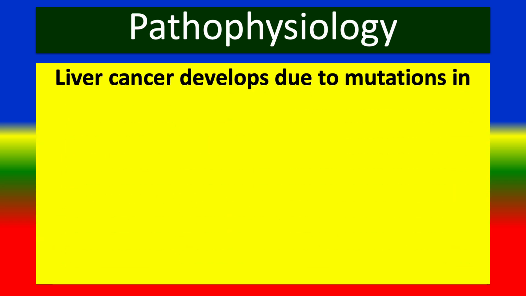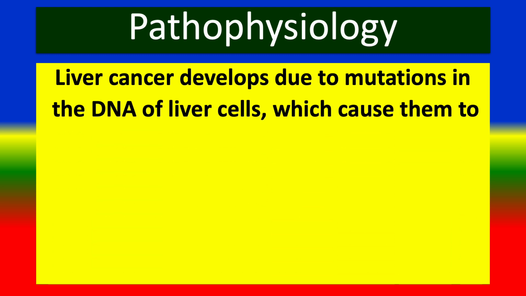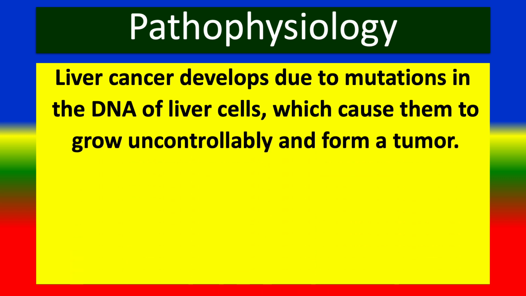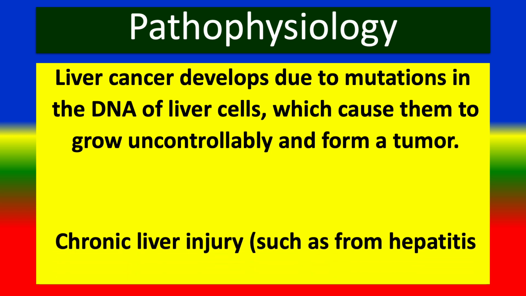Liver cancer develops due to mutations in the DNA of liver cells which cause them to grow uncontrollably and form a tumor.